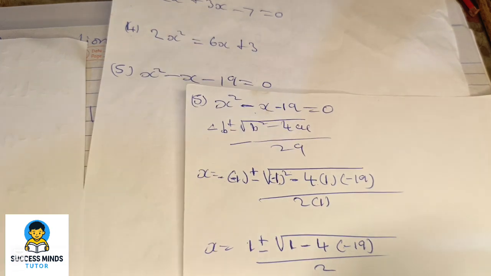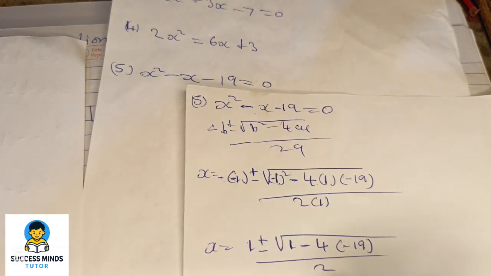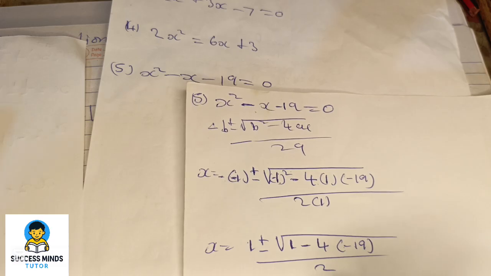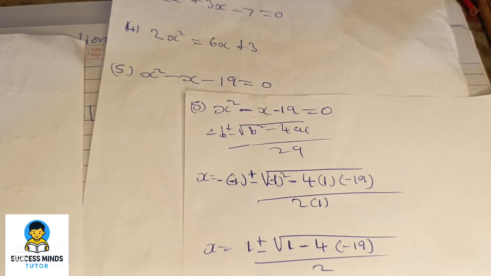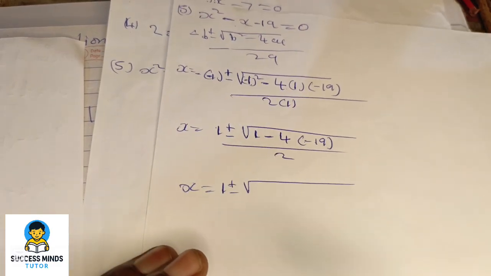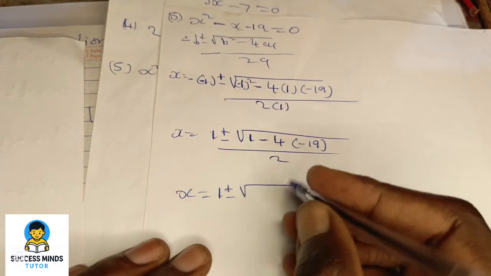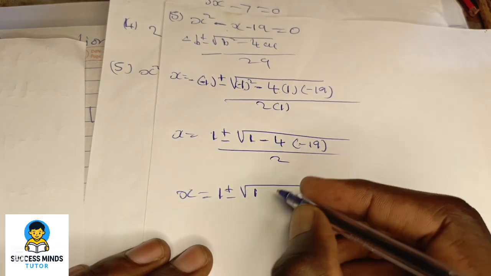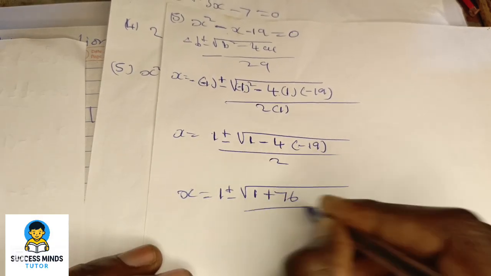Then we're going to say 4 times 19, that is 76. Negative times negative, that's positive. So we have 76 over 2.